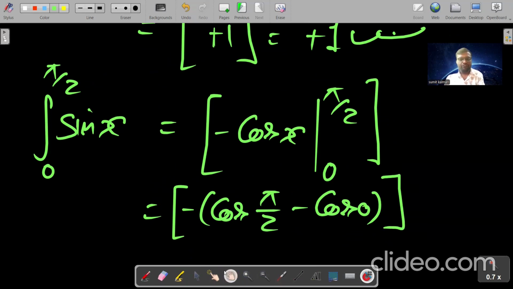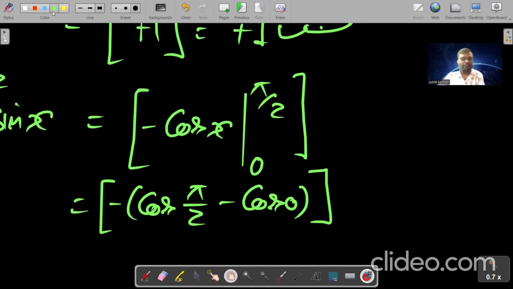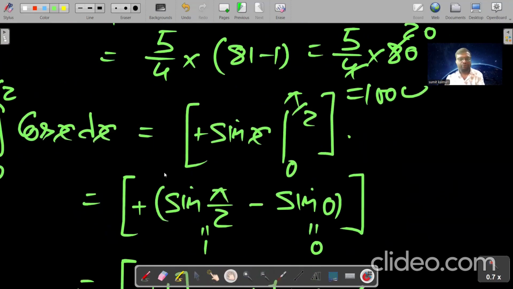If you simplify this, cos pi by 2 is how much? 0, and cos 0 is 1, and minus minus 1 will be plus 1. So again, you are getting plus 1.